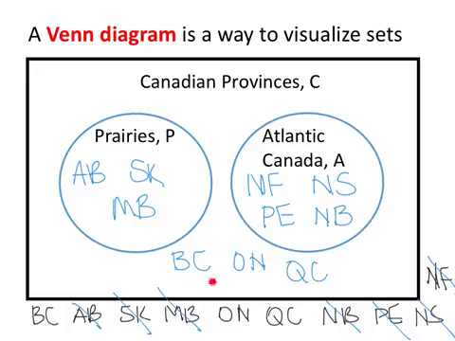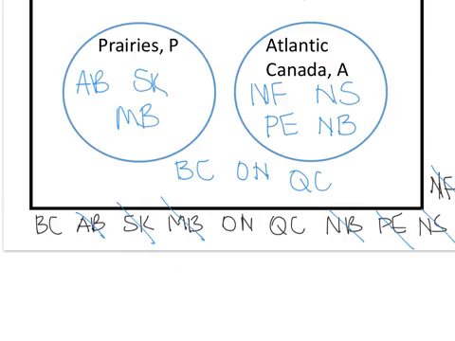We can see that these provinces are not part of the subsets because they're not included in the ovals that represent those subsets. In this case, we can also see that there is a disjoint. There is no overlap because visually, this set and this set do not overlap with each other. Now we can represent some of this information symbolically.